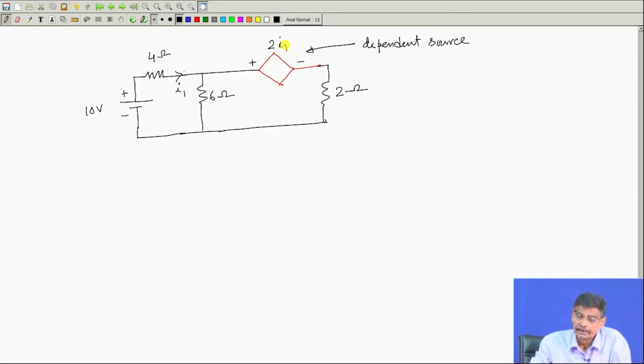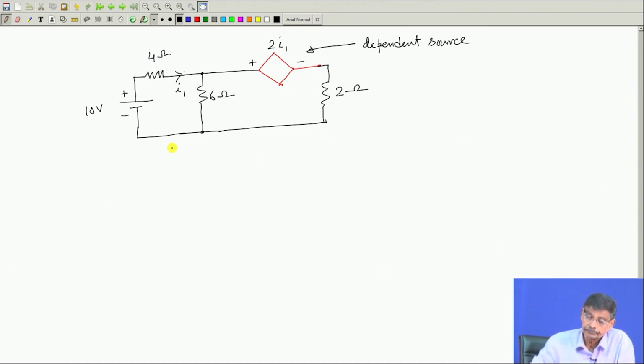Now, suppose I say that I want to find out the currents in various branches of the circuit. So, there is a dependent voltage source, and there is an independent voltage source. Now, how to find out the currents? These calculations will be pretty simple. In various ways you can do it, because I know how to solve a network. I will treat this, while writing down the equations, as a voltage source of magnitude 2I1 and so on.